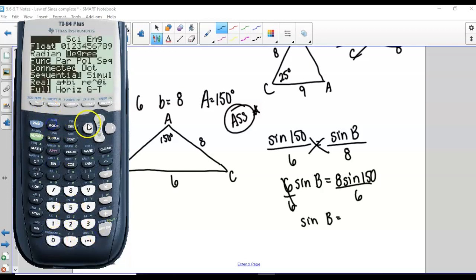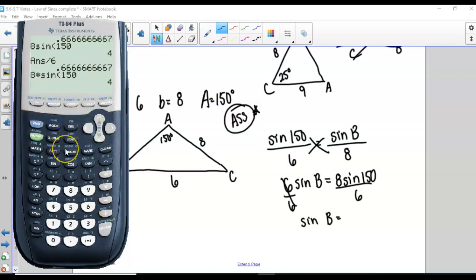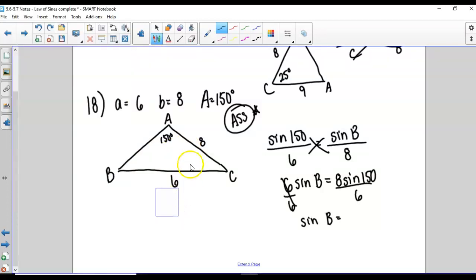I am in degree mode. When does this not work? I've done this one before.